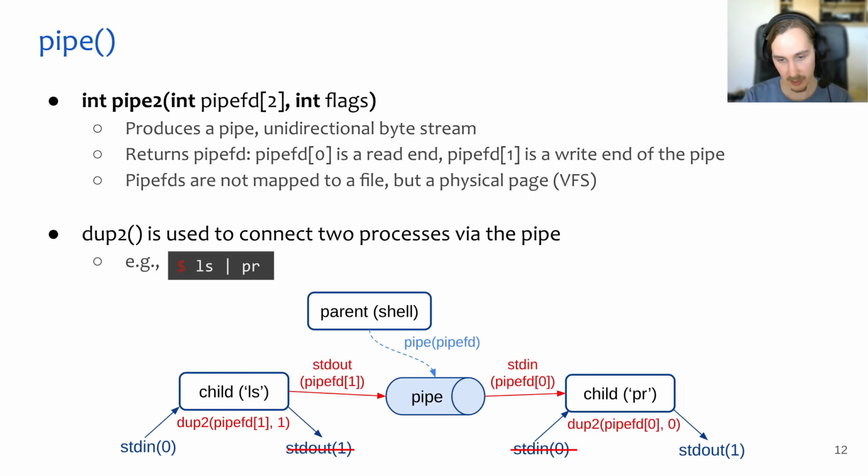And then we do the second thing for standard in, for file descriptor 0, for standard in of the second process. And this way the Linux kernel now knows that all the output of ls is supposed to go into the pipe, and from that pipe the data is streamed to the standard input of the second child process.